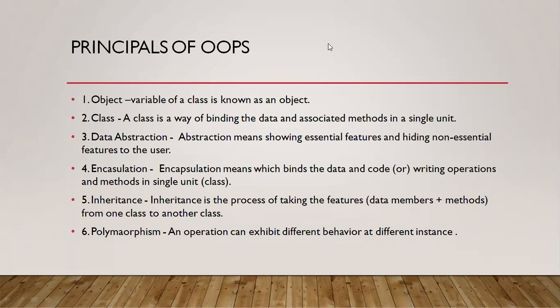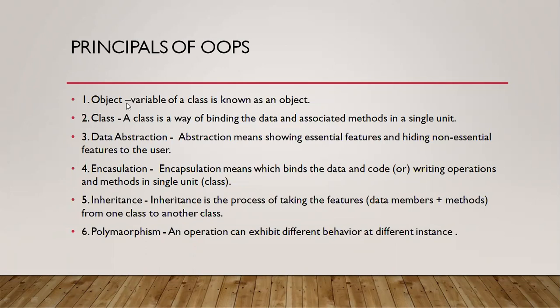Coming to the principles of OOPS: what is object, what is class, what is data abstraction, encapsulation, inheritance, and polymorphism. What is an object? We already discussed it in yesterday's class. An object is a variable.